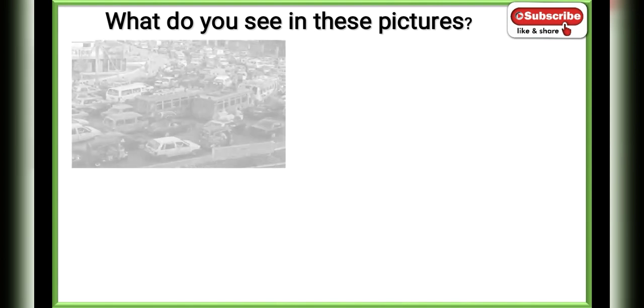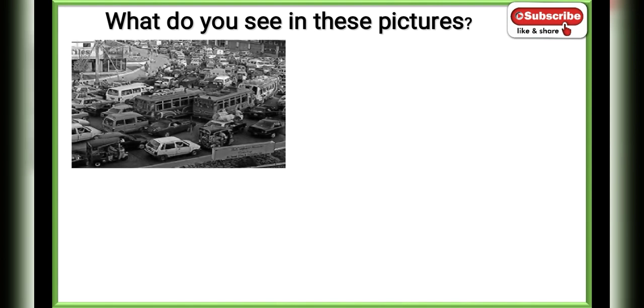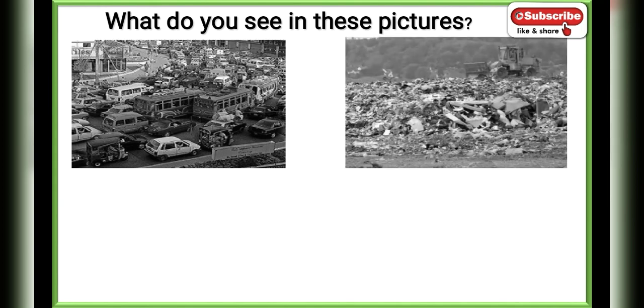What do you see in these pictures? First one, there are a lot of cars and buses gathered on the road or they are moving. Second one, a field full of garbage and a lorry that seems to be clearing it.